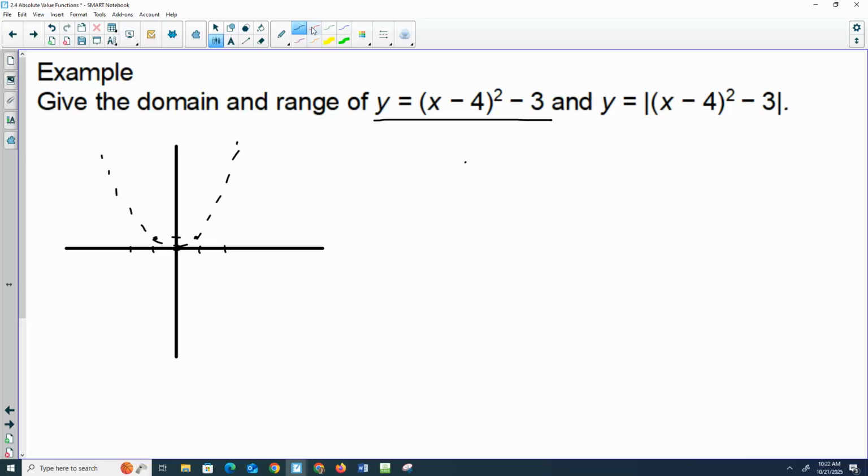What would the minus 4 do to my graph? And the minus 3? So if I move this graph right and down, take each point, right 4 down 3, it gets moved over here.